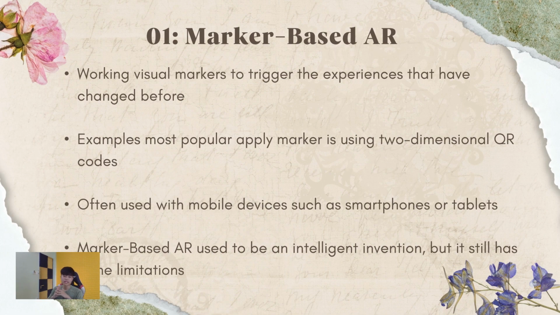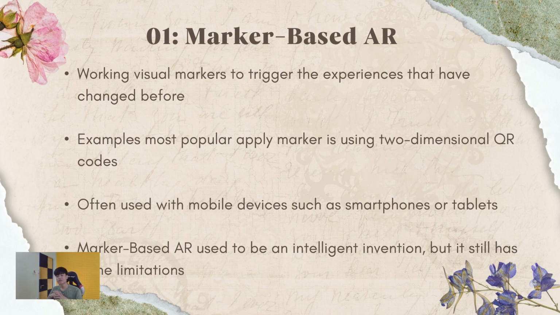So, what is marker-based AR? Marker-based AR works with visual markers to trigger an experience that has been set before. For example, a very important and popular one is using two-dimensional QR codes in supermarkets or shopping, which are everywhere.